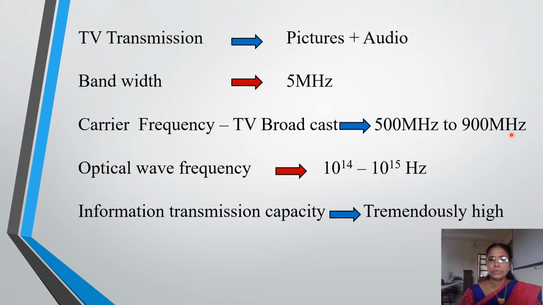And if we use optical wave instead of this, then optical wave frequency is very large. It is from 10 raised to 14 to 10 raised to 15 hertz. So if we use optical wave for transferring pictures and audio, then information transmission capacity will increase to a very high value.